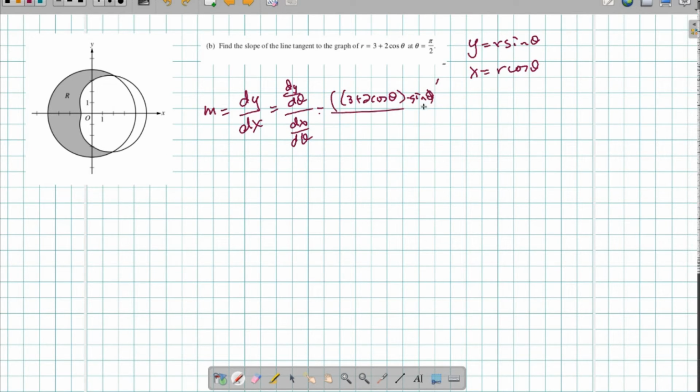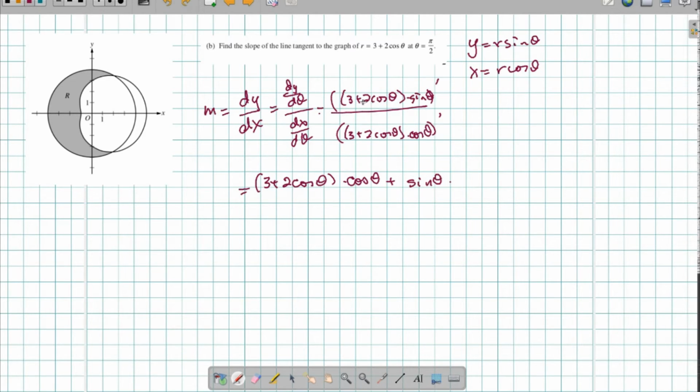And I've got to take that over the derivative of x, which is going to be r times cosine theta. And in order to calculate this, I'm going to have to use the product rule. So for the product rule, I'm going to have my first expression times the derivative of the second plus my second times the derivative of the first.